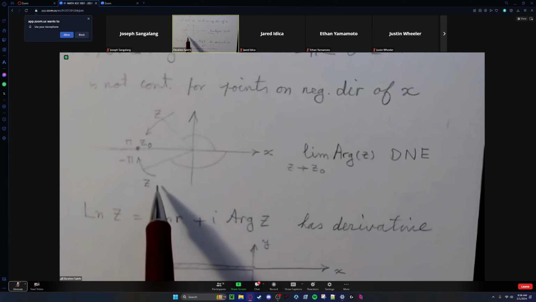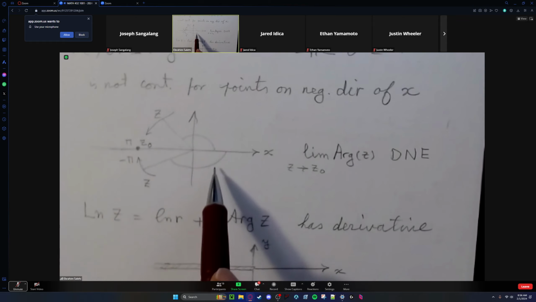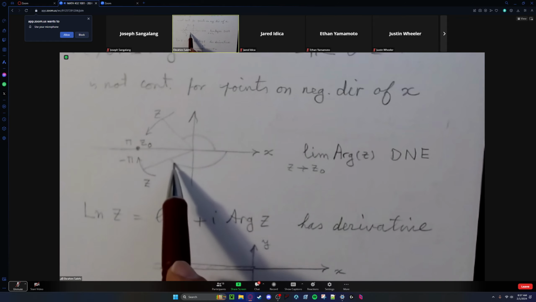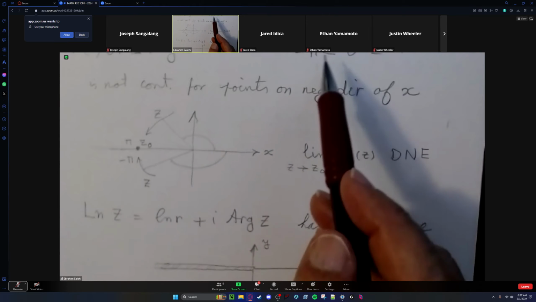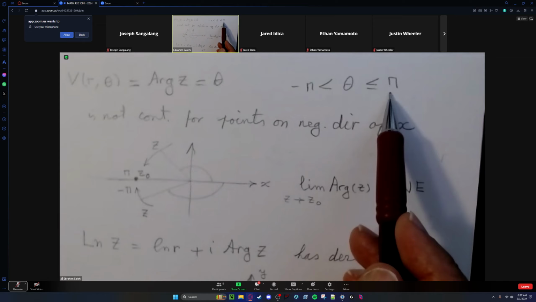But if you stay in the third quadrant and approach this point, the principal argument is this. Okay, always the principal argument is between negative pi and pi.